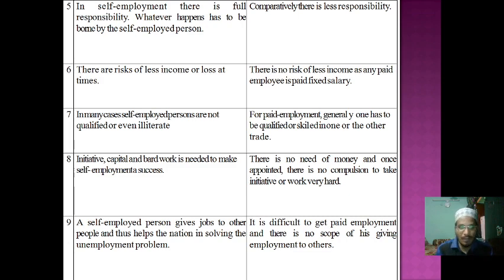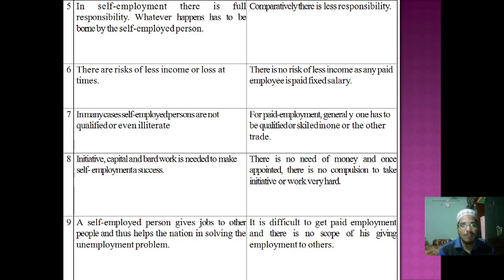A self-employed person gives jobs to other people and thus helps the nation in solving the unemployment problem. The main important factor is that if I create an organization, I can give jobs to other persons.